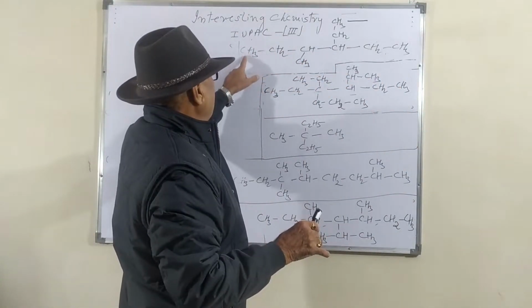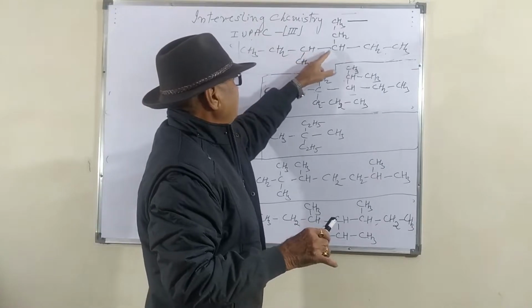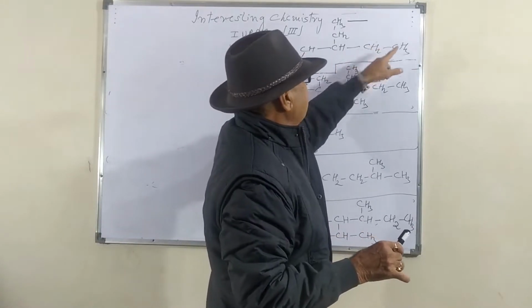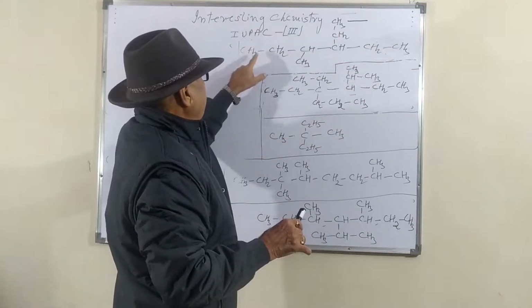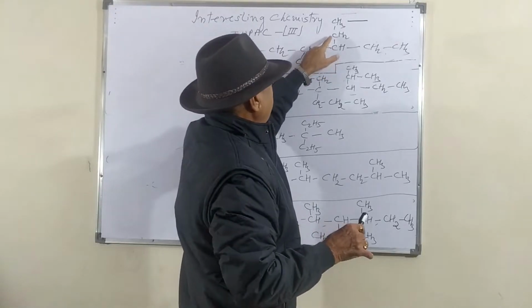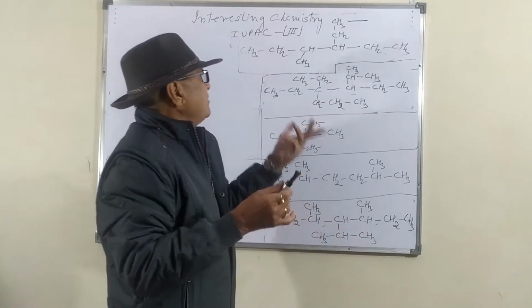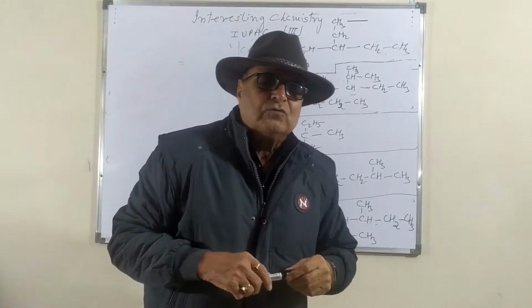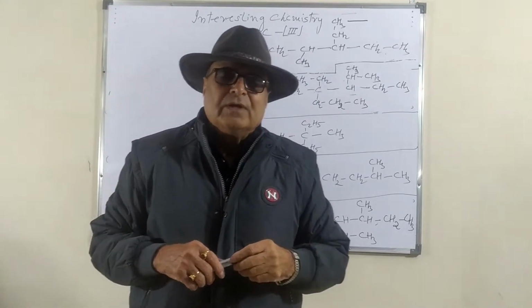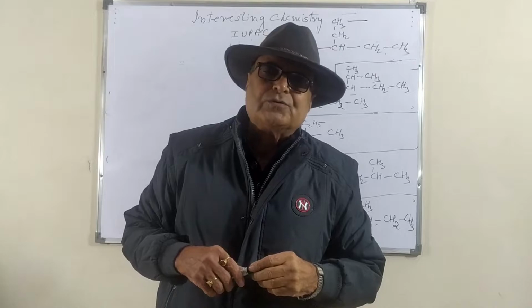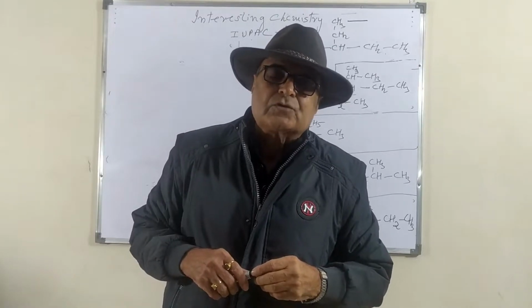Here there are 1, 2, 3, 4, 5 and 6 carbons. So you found the longest chain of 6 carbon atoms.